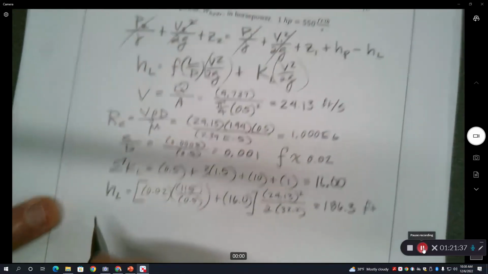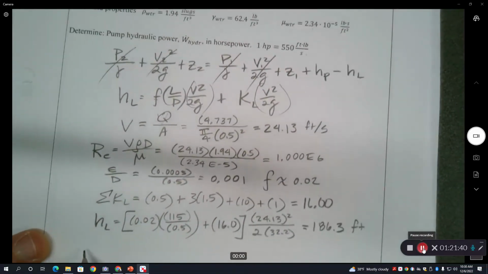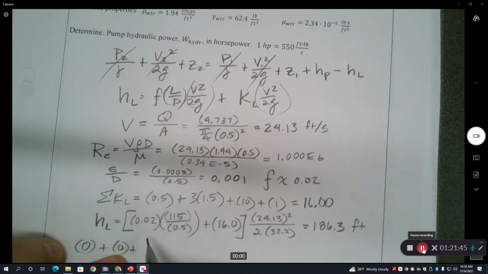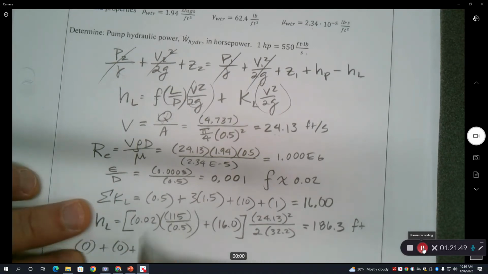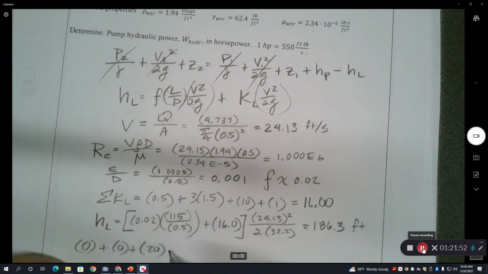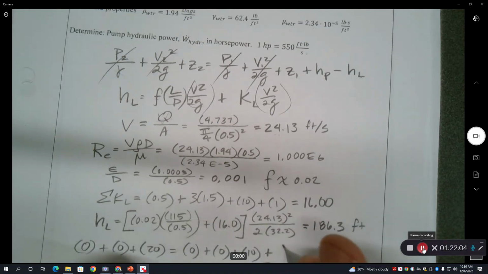So plugging back into the equation up above, I'm going to go 0 plus 0 plus z2, which is 20 feet, equals 0 plus 0 plus z1, which is 10 feet. It's really only 10 between the 2. Plus the pump head that's added minus the losses.